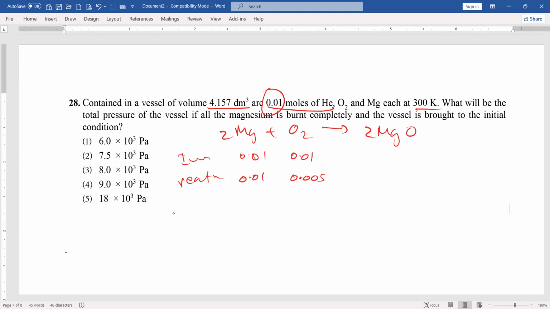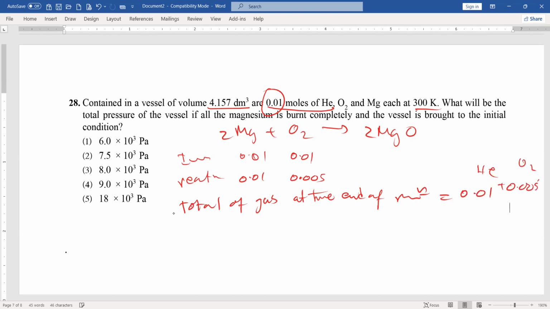Then the total remaining gas at the end of the reaction equals 0.01 of helium plus 0.005 of O2, in total 0.015 moles.